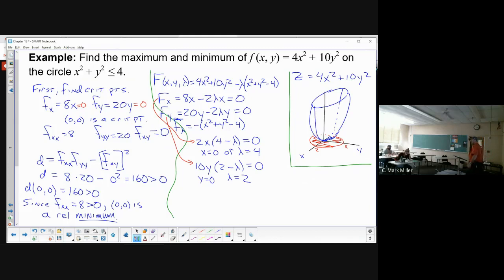The reason is I found places on the perimeter. So down here, this lambda x equals 0 corresponds to where? It corresponds to this point or that point back there, right?